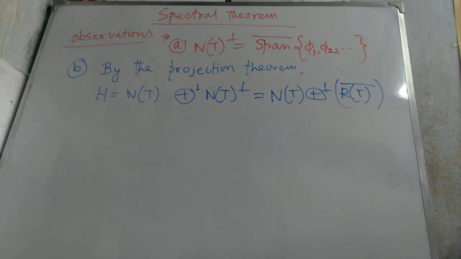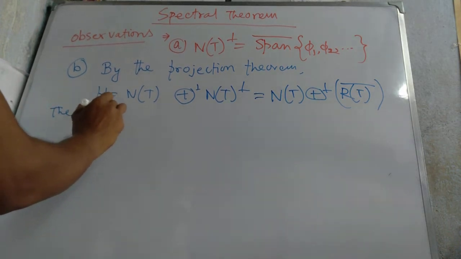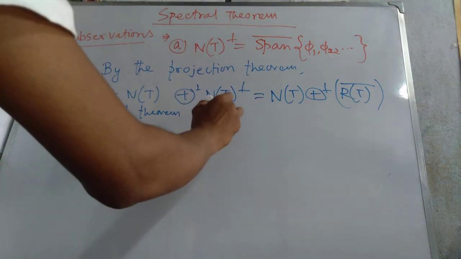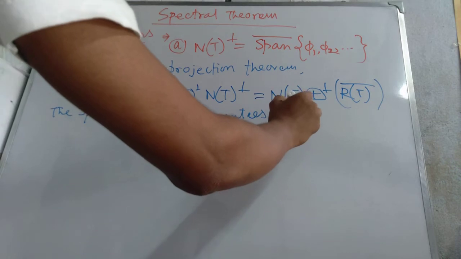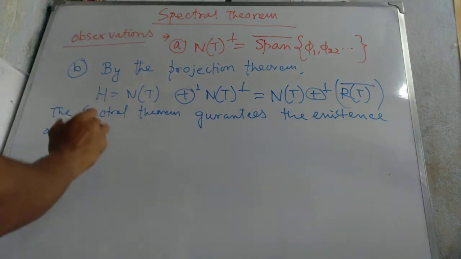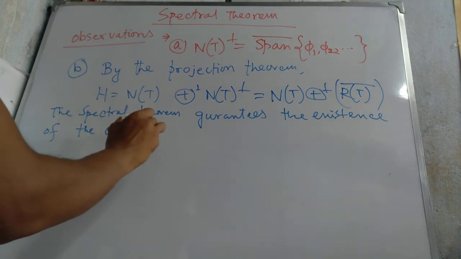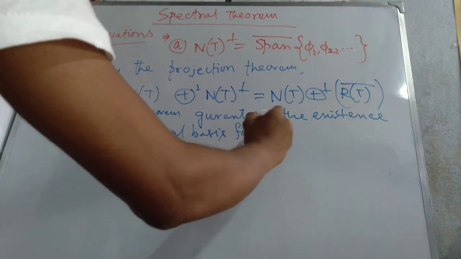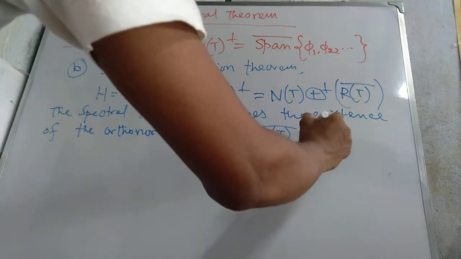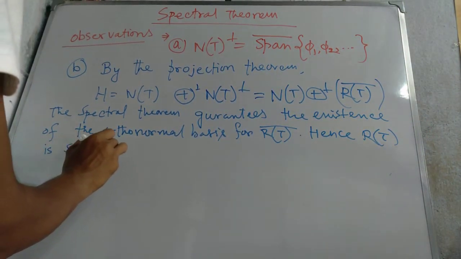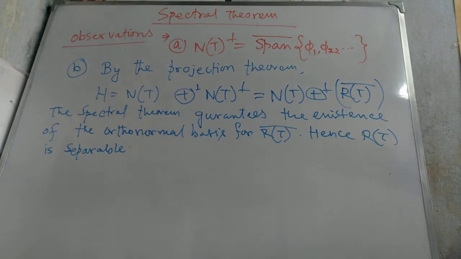Then what we talk about for this: the spectral theorem guarantees the existence of an orthonormal basis for the closure of R(T). Okay, hence R(T) closure is separable.